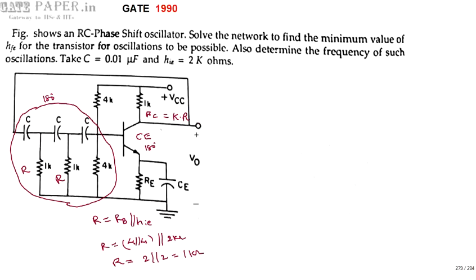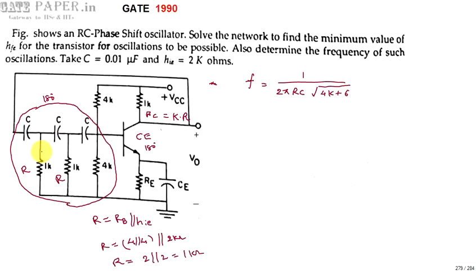We don't require many more unknowns, so RC is also expressed in terms of R, and the value of K is RC by R. In general the RC value, that is the collector resistance value, is not the same as the resistance in the RC network, so we replace RC with K times R. Whenever you replace it this way, the frequency of oscillations generated is given by 1 by 2 pi RC square root of 4K plus 6, and this is for this one capacitor resistor combination.